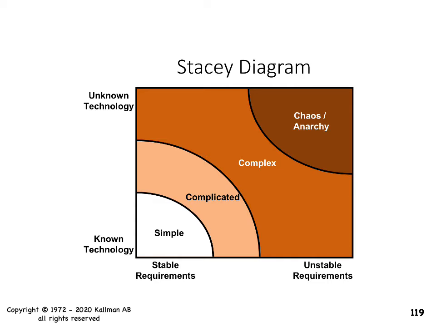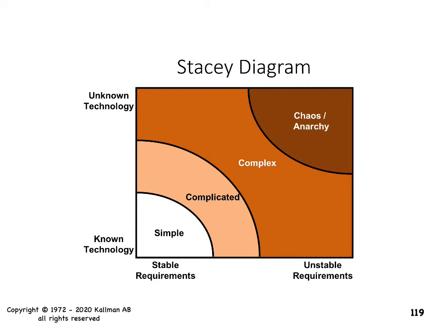Most of us that have been through Scrum training in the US or Agile training in the US will immediately recognize this, and you'll go, oh, okay, well, what's this got to do with vision? Well, in a few minutes, just bear with me, you'll see. What I wanted to point out here is that you've got unknown technology versus known technology, stable requirements versus unstable requirements, and then Dr. Stacy had put simple, complicated, complex, and chaos.